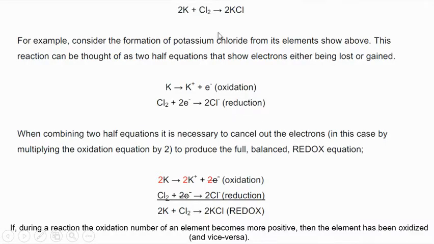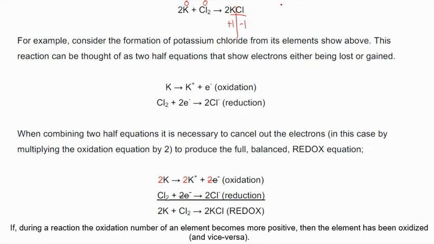So if we had a reaction like this, we're trying to tell whether this is a redox reaction or not. Well, my potassium is 0. My chlorine is also 0 because they're elements by themselves or a diatomic element. When I go over to this side and see what's formed, my chlorine is a -1 and my potassium is a +1.